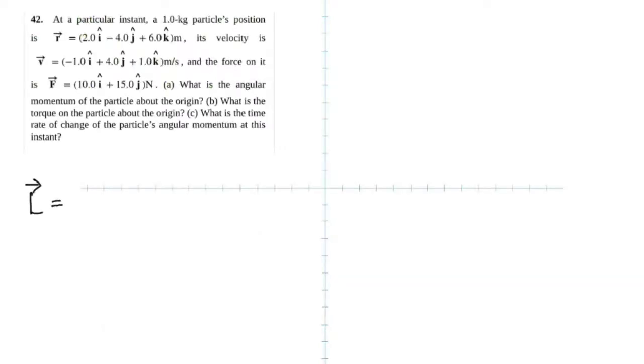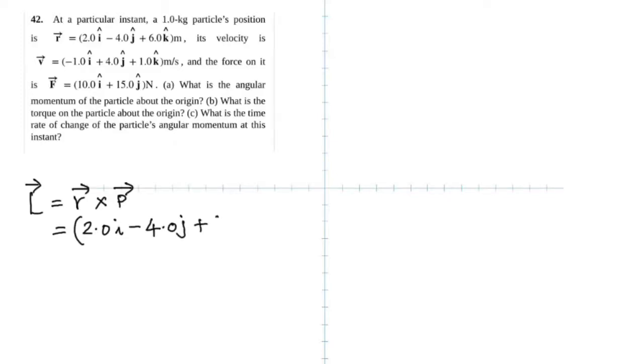Here is a question that gives the position vector, the velocity, and the force. You're asked to find the angular momentum. Angular momentum is R cross P. And P is the linear momentum, which is mass times velocity.